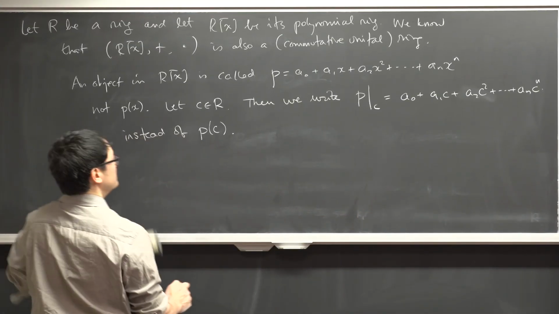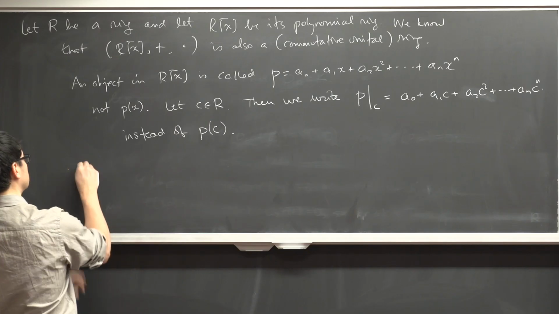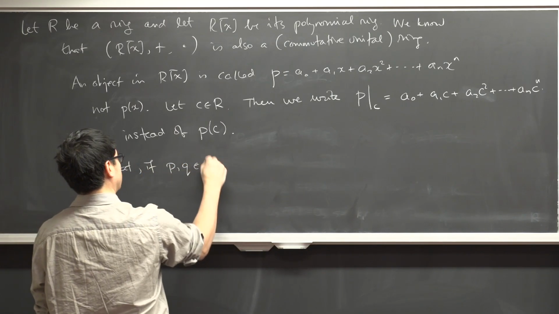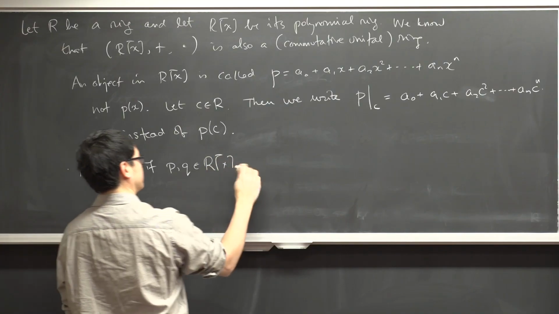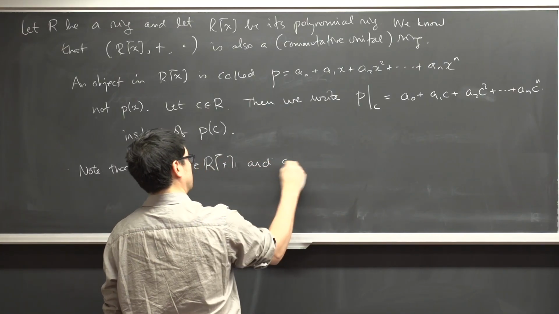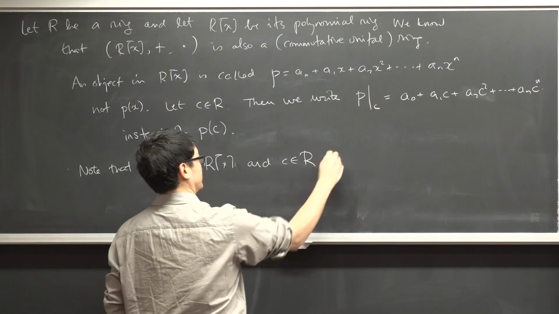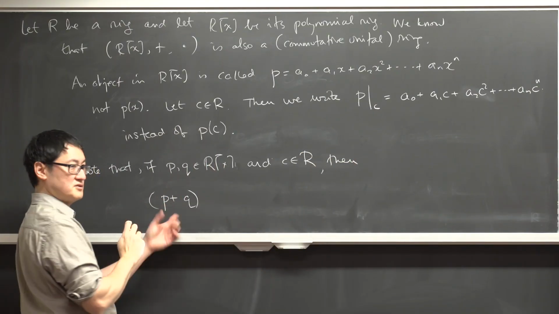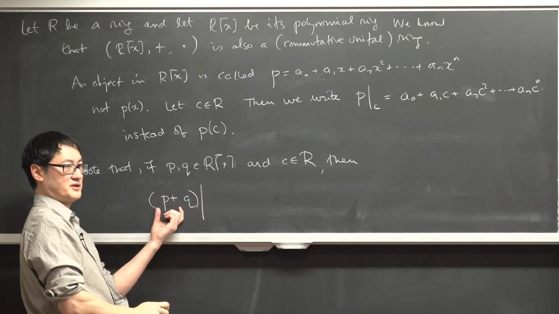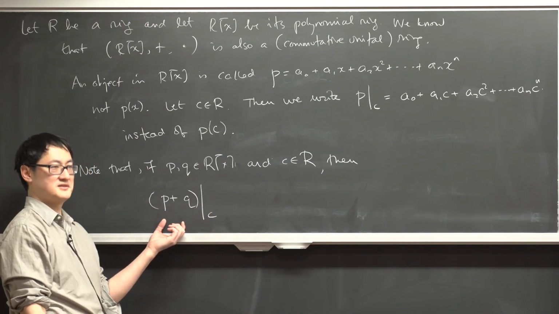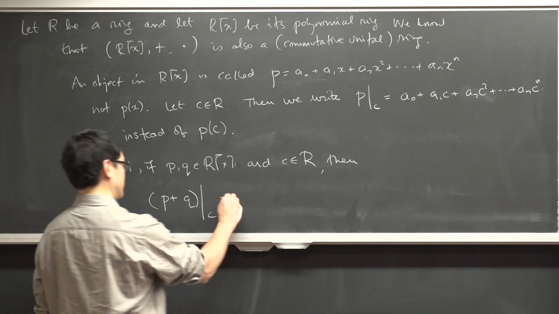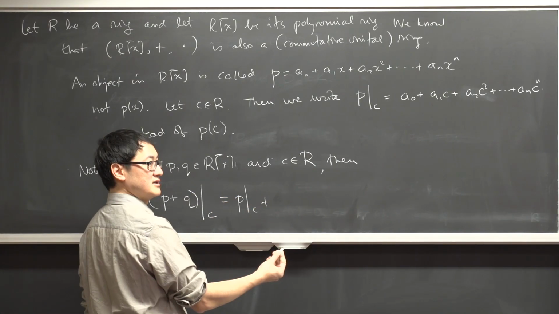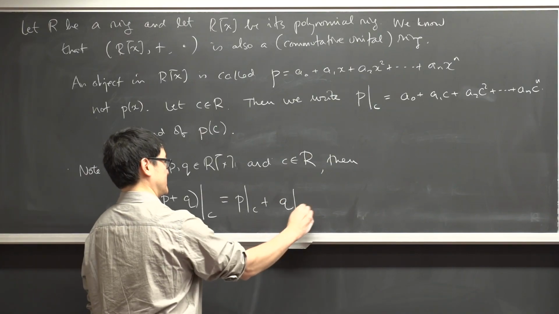Does that make sense? That's all I'm trying to say. So note that if P and Q are in R[x], and c is in R, then it is not hard to convince yourselves that when you take P plus Q as abstract polynomial objects and put a c in there, it's simply P slash c plus Q slash c.